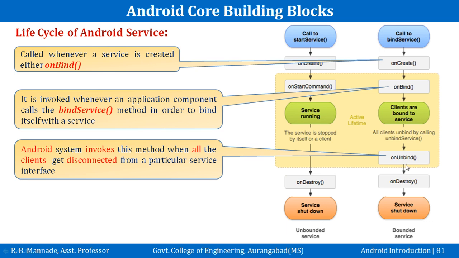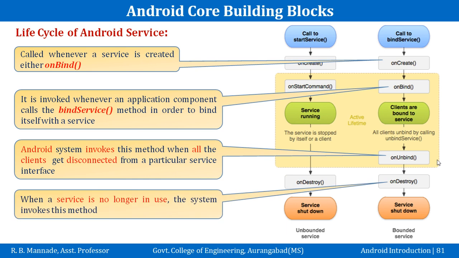Then and only then the Android system will call this onUnbind method. And whenever the service is no longer in use, whether it is an unbounded service or a bounded service, the system calls this onDestroy method. Once the onDestroy method is invoked, the service will be shut down, whether it is an unbounded service or a bounded service, right?